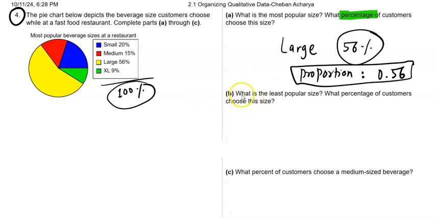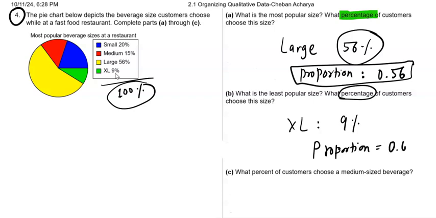Next, question B, what is the least popular size? Look here, extra large is only 9% of customers. So extra large is the least popular. The percentage is 9%. But if the question asks you to find the proportion, the proportion equals 0.09.